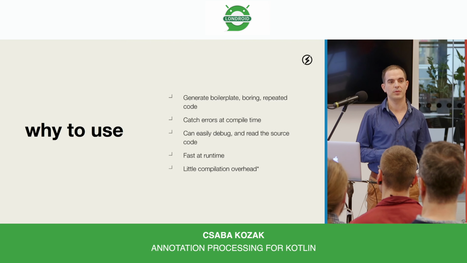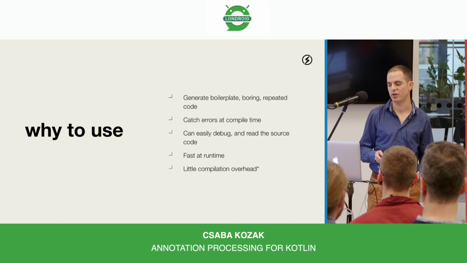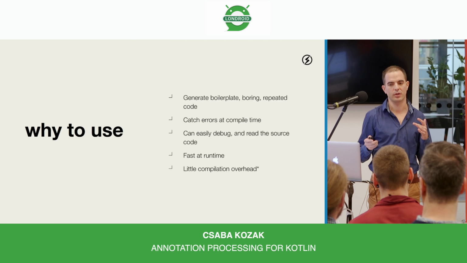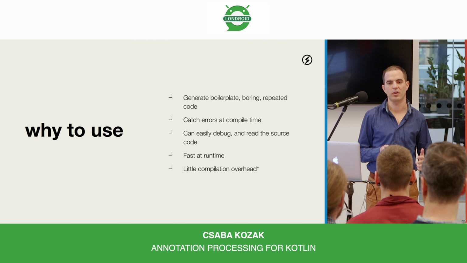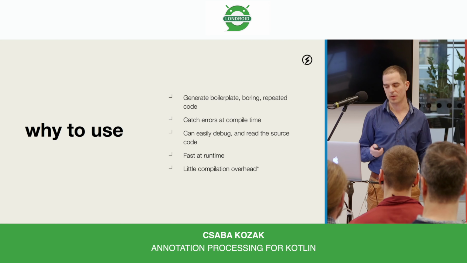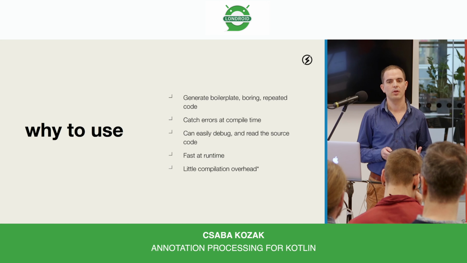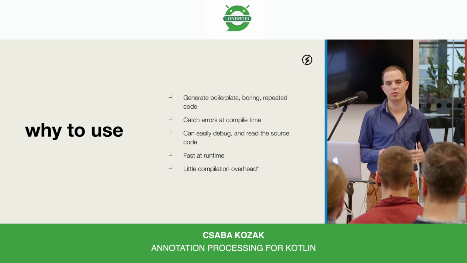And why use this kind of code generating method? Code generation is used for replacing or automating tasks which are very boring, boilerplate code or repeated tasks, so developers don't have to do them again and again for each project.